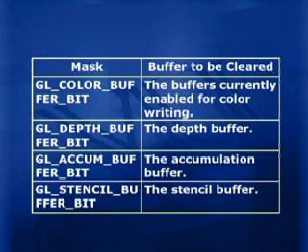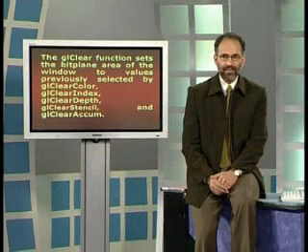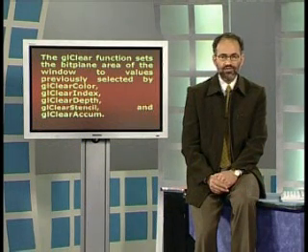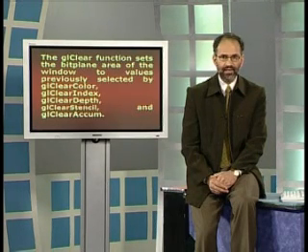If we miss out any, the associated buffer would not be cleared, and the others would be. The glClear function sets the bit plane area of the window to values previously selected by glClearColor, glClearIndex, glClearDepth, glClearStencil, and glClearAccum.